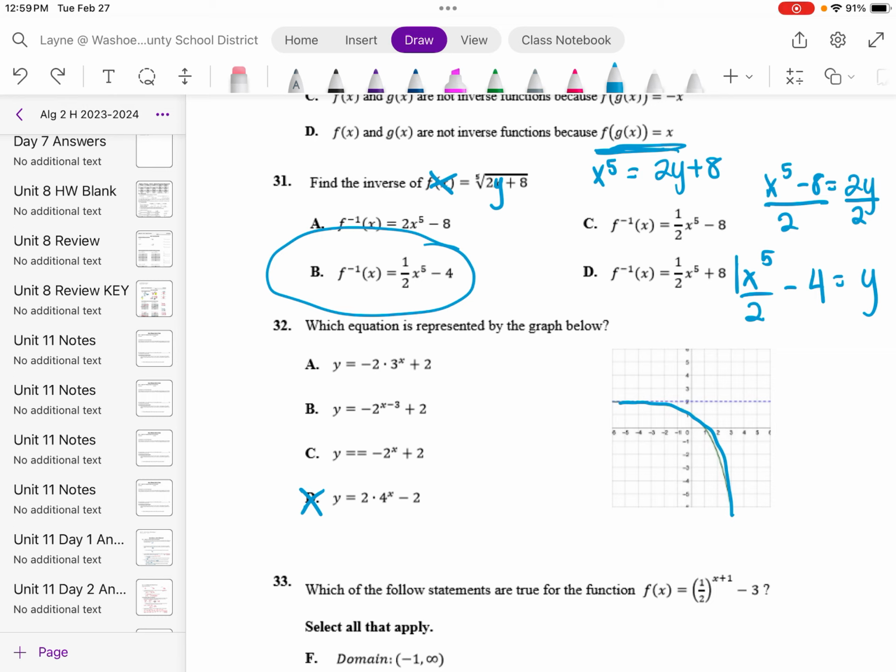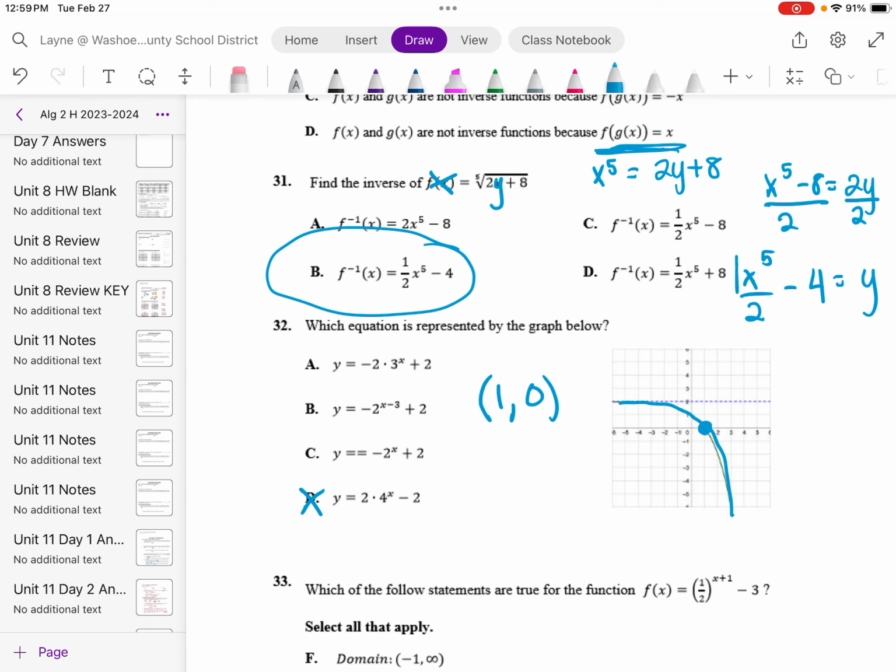So for example, I notice that this graph contains the point 1, 0. So whichever one of those functions contains the point 1, 0 is going to be the correct one. Unless it's a coincidence that it contains 1, 0, so you want to check all of them. Because if more than one contains 1, 0, then you'll want to try another point and see which graph contains both of the correct points.